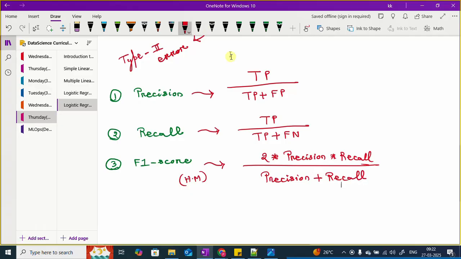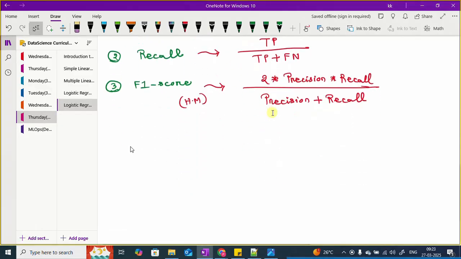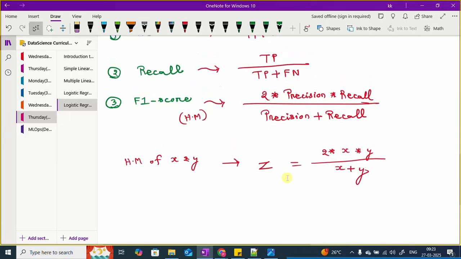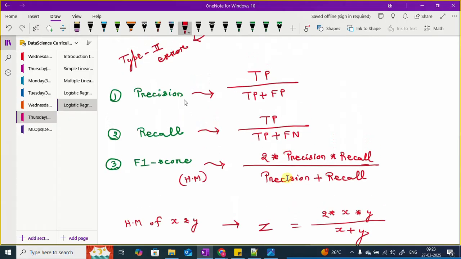See guys, generally the harmonic mean of x and y, if I tell you to find it out, let's say the output is z, it is nothing but 2 into x into y divided by x plus y. The same formula I am writing here. Clear? Let me put it into the box.